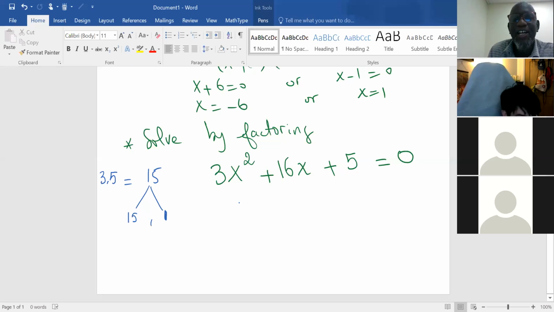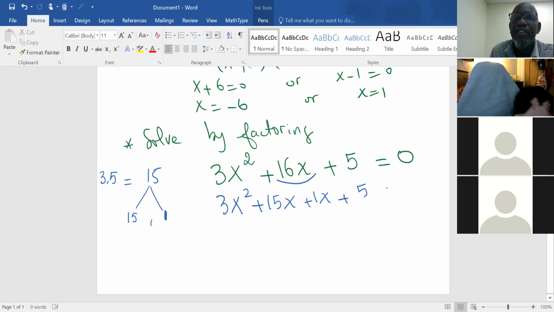So we do 3x squared, and we break down the middle term using these two numbers, 15 and 1: plus 15x plus 1x plus 5 equals 0. And now we're going to factor them by what? By grouping.